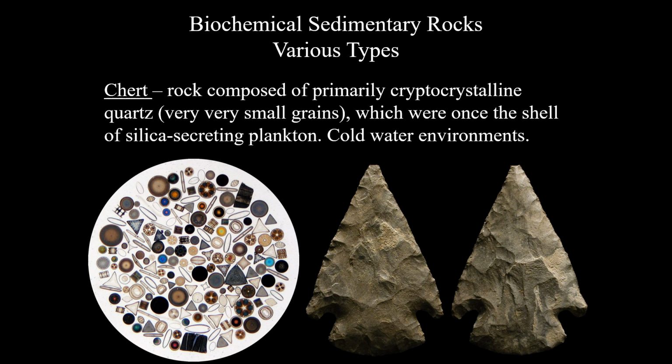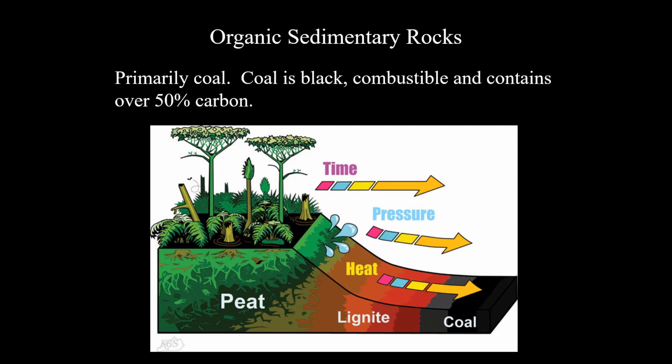You can see they come in all cool shapes and sizes on the left there. Chert's also something that Native Americans used very commonly for arrowheads, for example, because you can get a very sharp surface from chert. And so this was a common tool-making rock type that was used by Native Americans.